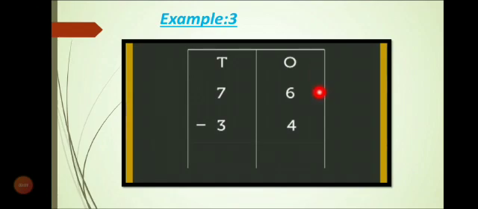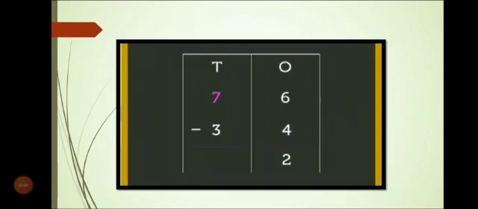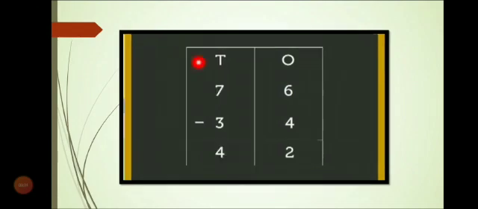Here, 6 minus 4 is equal to 2, as you can see where I am moving the cursor. Okay, and then we will subtract the tens column. 7 minus 3 is equal to 4. Thus, the difference of 76 minus 34 is 42.